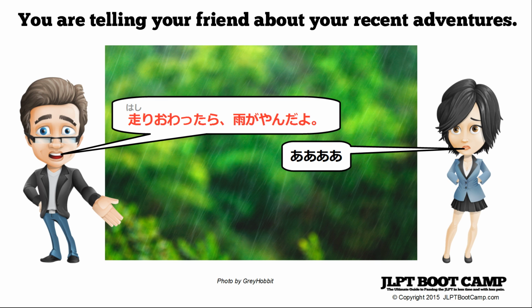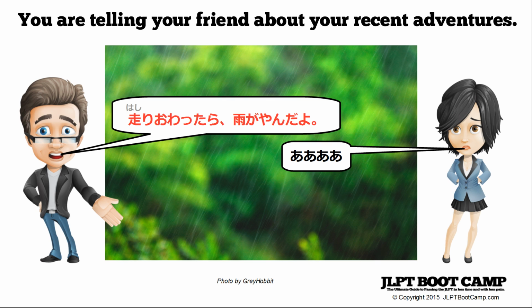Real quick, owaru is something that you're controlling, you're finishing, whereas yamu is something more like something that's not in your control, that has ended, that has finished off. The better translation is end, something ended.